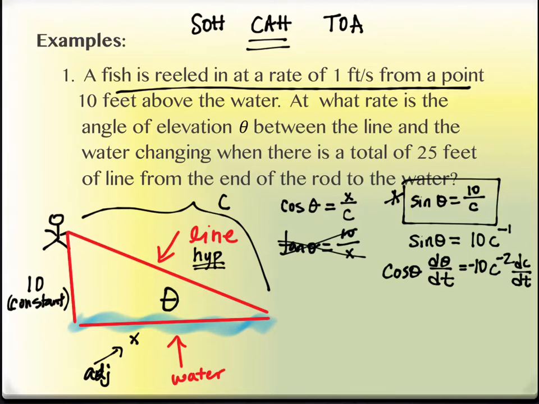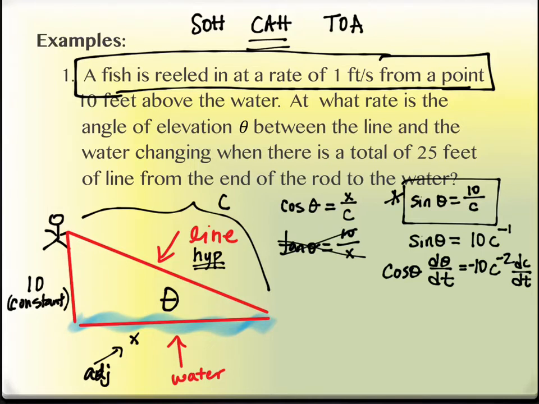Very good. Now, some of these things we know. I underlined it above, and then I never identified which piece it was. I shouldn't have done that. Up here it tells us that the fishing line is reeled in at a rate of 1 foot per second. That's a rate, right? What is that a rate that's changing? Is it x, is it y, is it theta, or is it c?